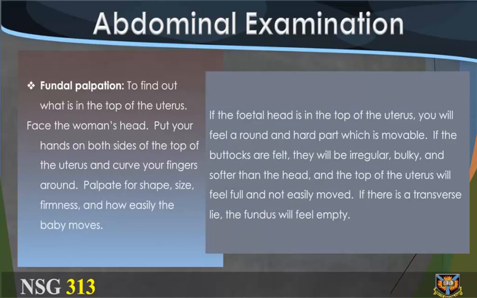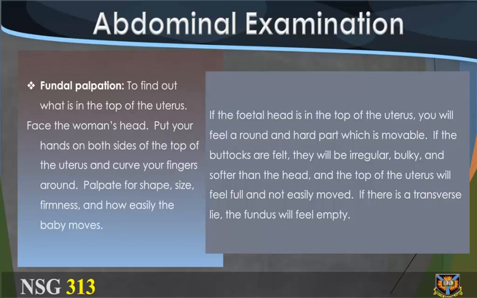Fundal palpation. To find out what is in the top of the uterus, face the woman's head. Put your hands on both sides on top of the uterus and cup your fingers around. Palpate for shape, size, firmness, and how easily the baby moves. If the fetal head is in the top of the uterus, you will feel a round, hard part which is movable.